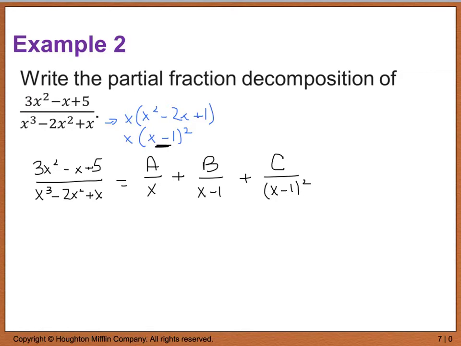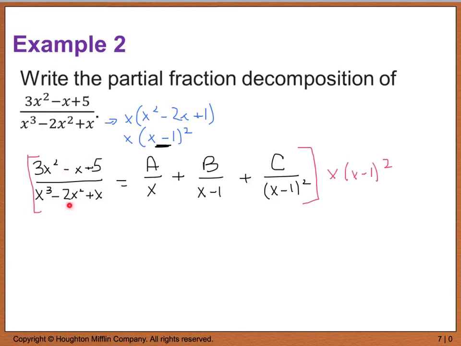We're again going to clear out our denominators. So we're going to multiply everything by our least common denominator. And in this case, the least common denominator was x times the quantity x minus 1 squared.